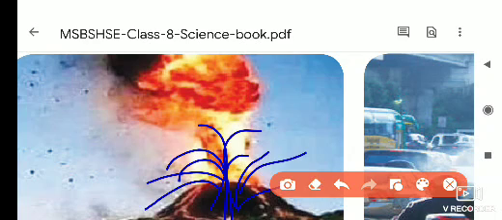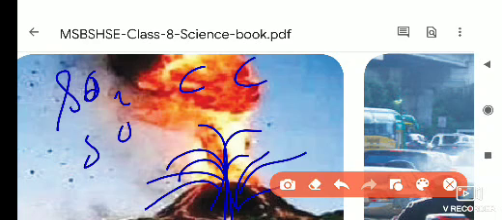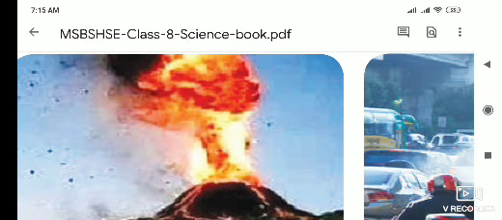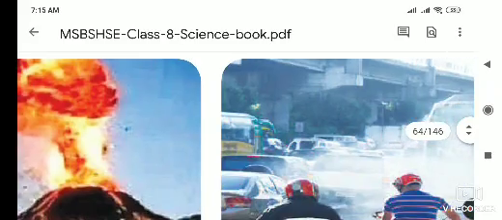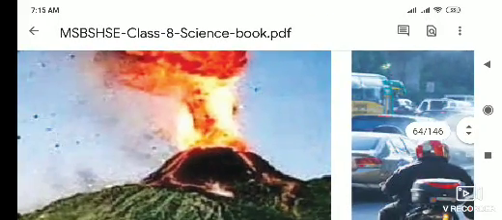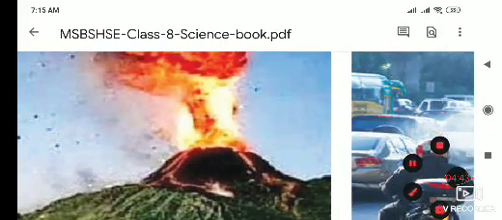Through these volcanoes, various gases like sulfur dioxide, sulfur monoxide, carbon monoxide, and many more are emitted. Due to this also the air gets polluted, and this is also a natural air pollutant.